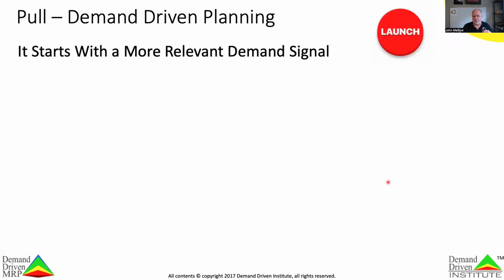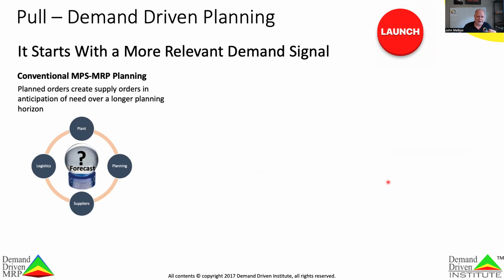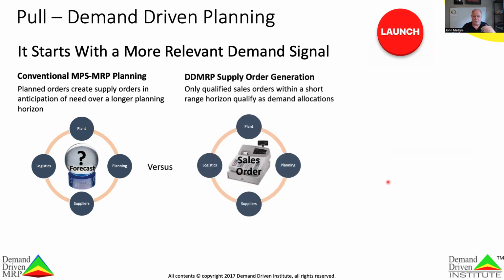All right, number 4, the fourth step. We're trying to work with a better demand signal than the forecast. In the conventional master production schedule, MRP planning world, the planned orders are based on the forecasts, driving us back over a longer planning horizon, forcing us to work to have longer forecasts that are more accurate, which is harder and harder to do.